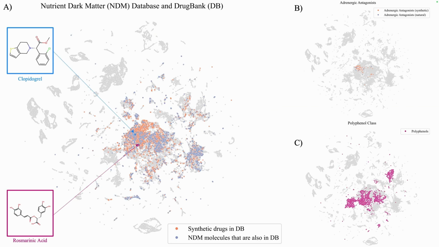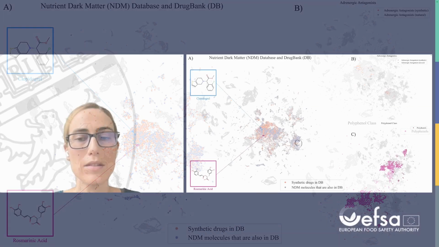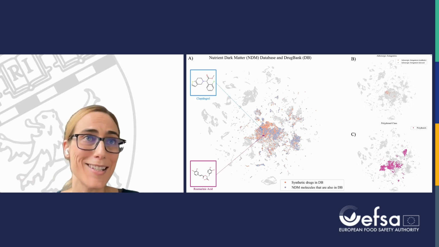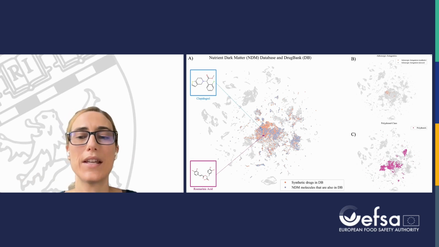And virtually no area of this drug-related space is untouched by food molecules, reflecting the extent to which many current drugs, of course, have been inspired by naturally occurring compounds, and also suggesting a vast untapped potential within the broader chemical landscape of food.